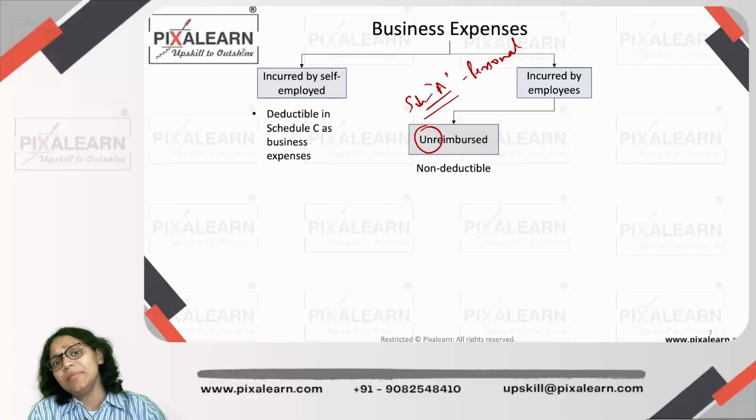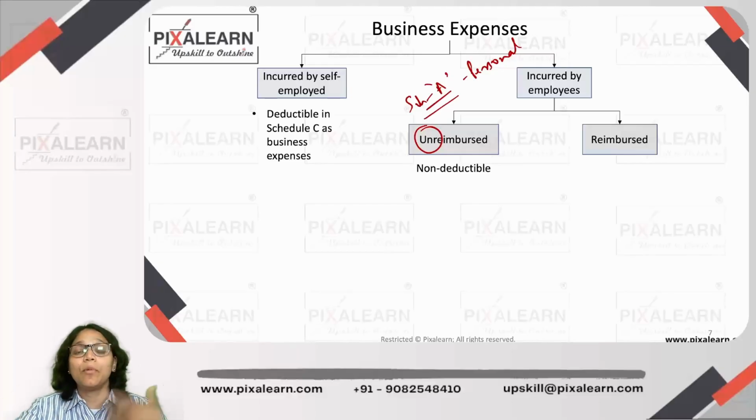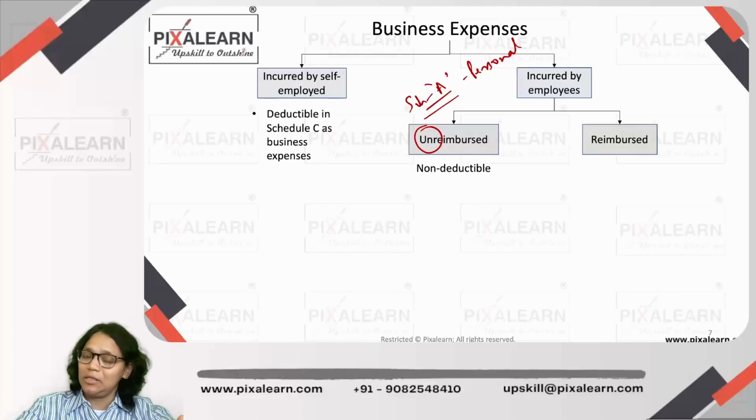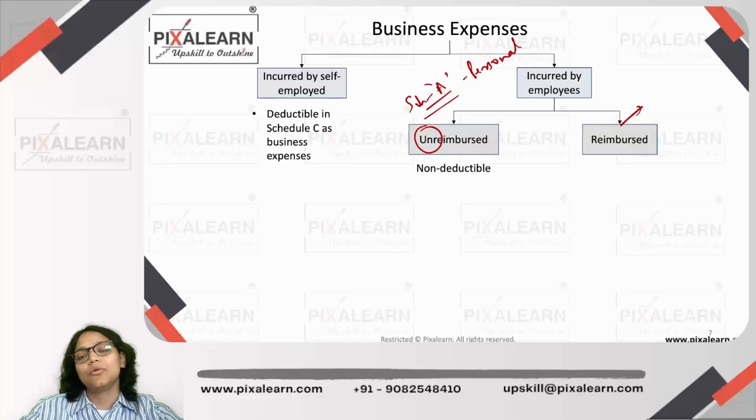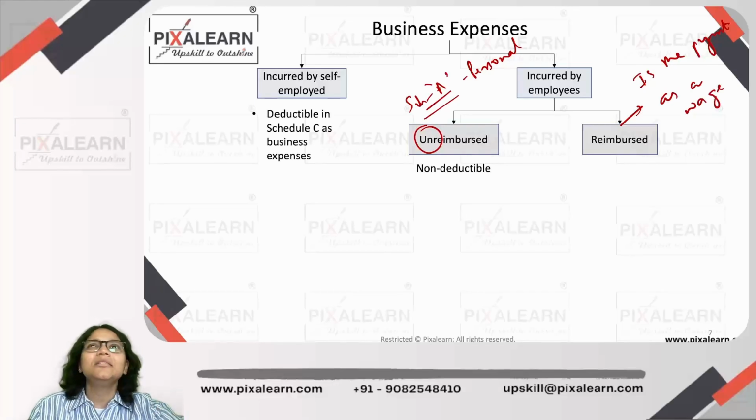But what if I'm incurring an expense, but my employer is paying me back that expense? Now, in that case, the question that IRS asks you is, are you getting this money? So is the payment, so are you getting this as a wage? This is the first question that I want to ask you. Is it something which is camouflaged as a wage income or a salary income, but we are calling it a reimbursed expense?